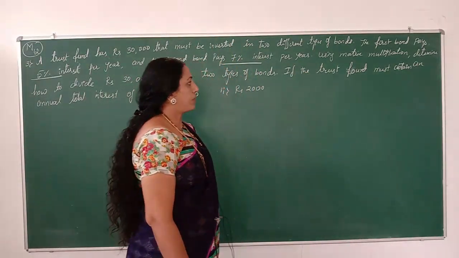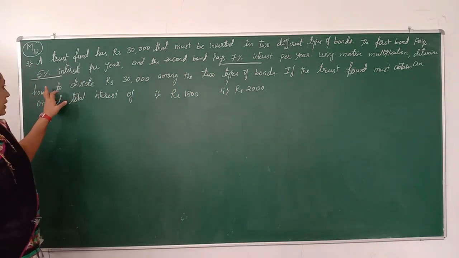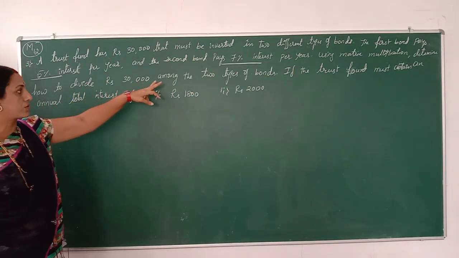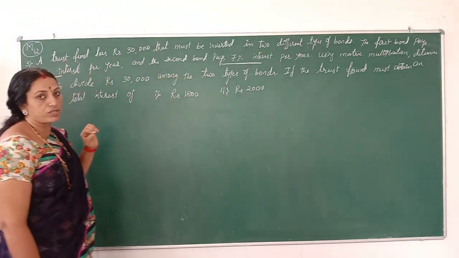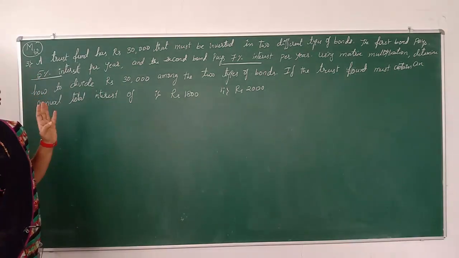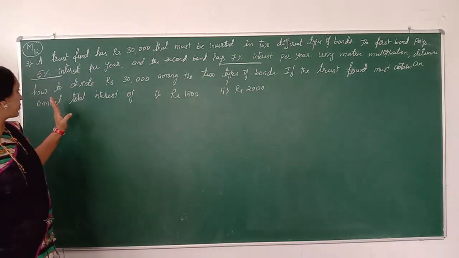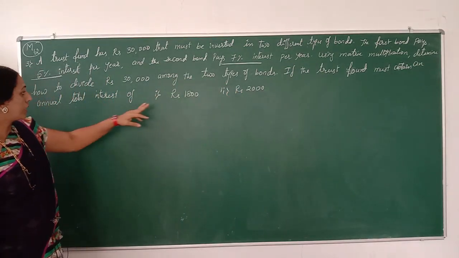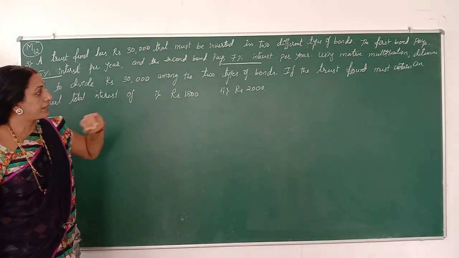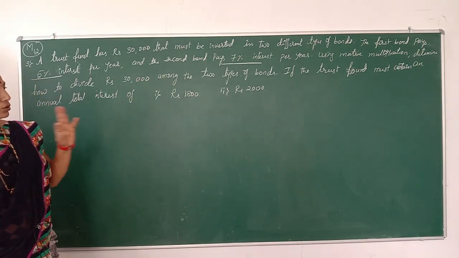Using matrix multiplication, determine how to divide 30,000 among the two types of bonds, that is, how much amount is required in each bond, if the yearly interest is one of the possibilities, 1800 and the second possibility, 2000.